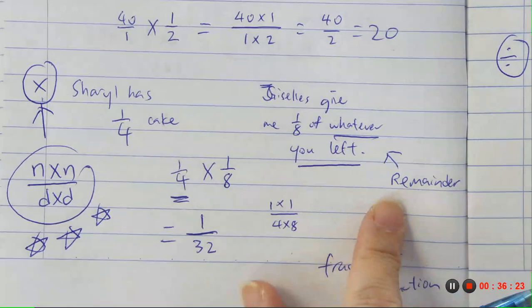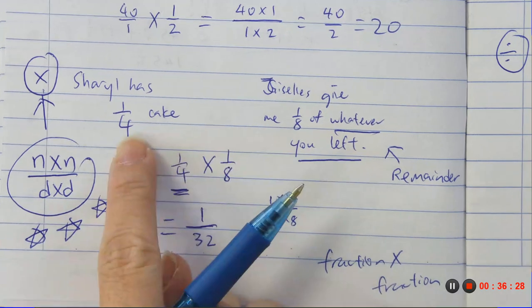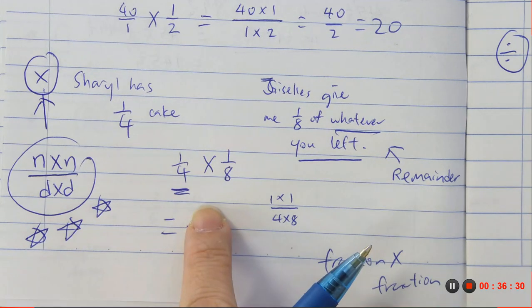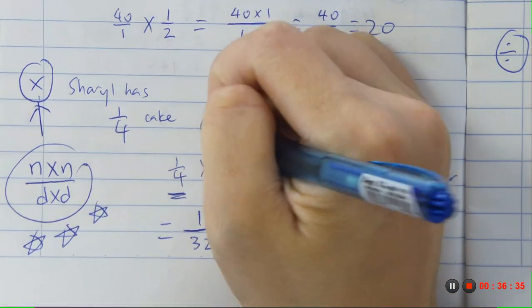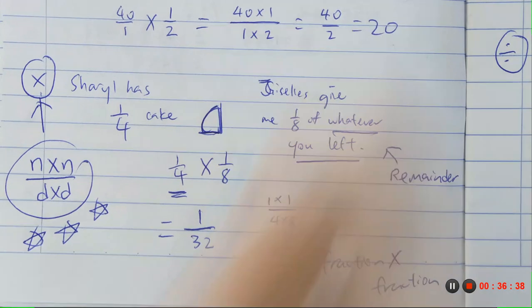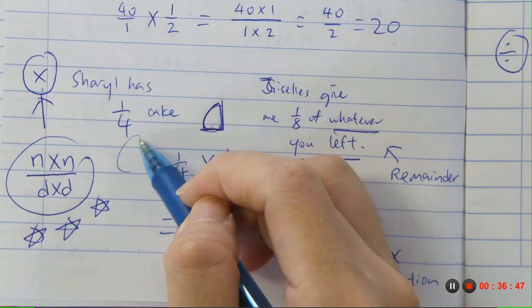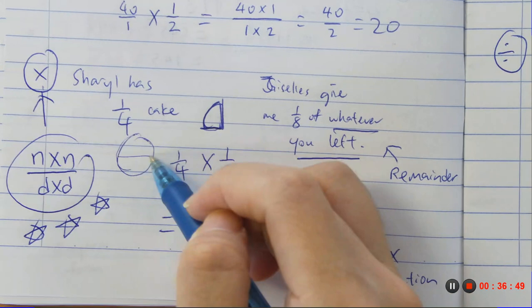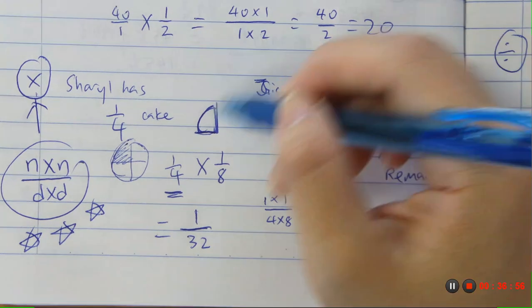What happened in the fraction of a remainder? Just now Giselle, she took 1/8 of whatever Cheryl's left. In this process of 1/4 times 1/8, what do you think is happening? Yes, Jared, say it please again. Okay, so Jared says, this is that 1/4.